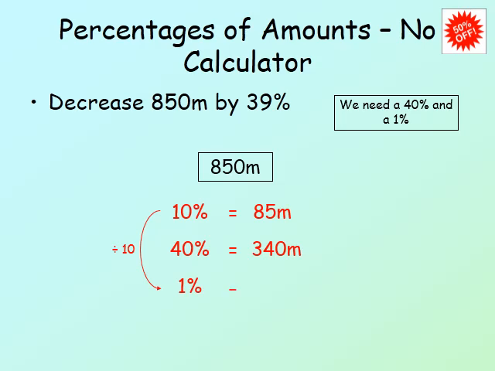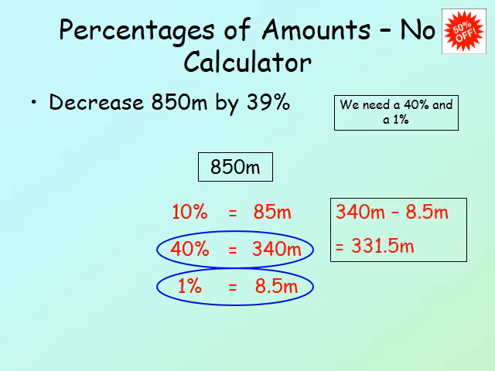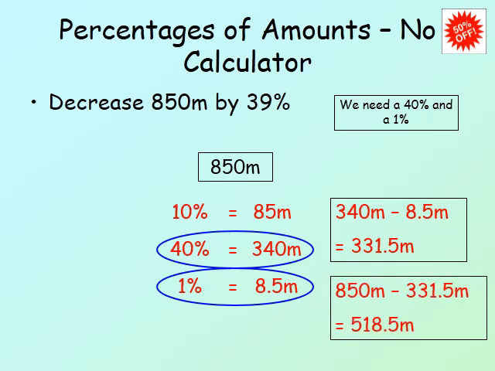Then, as I said, we need to take 1% off that to get the 39. So 1% of 85 is 8.5. So we need to take that off the 340, and we get 331.5. So that is 39%. And then, as I've said, don't forget to take it off the original amount.